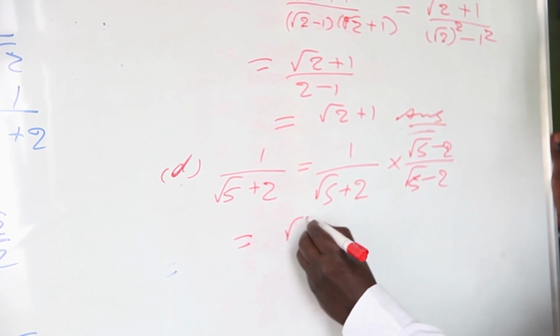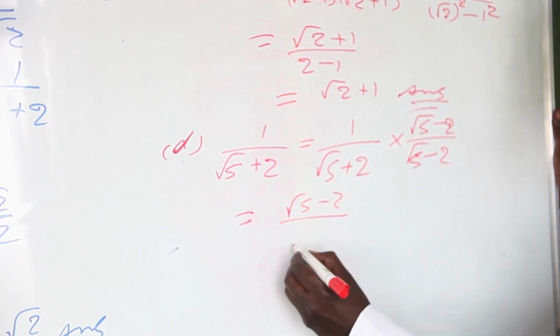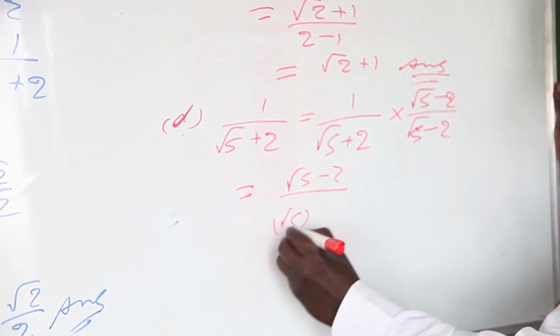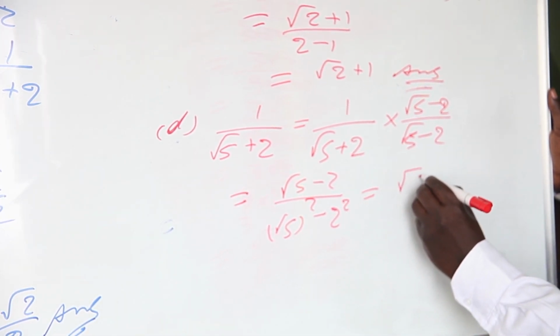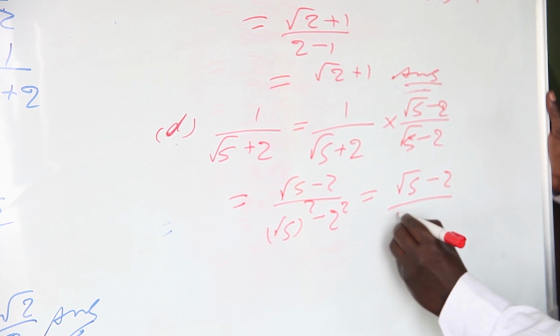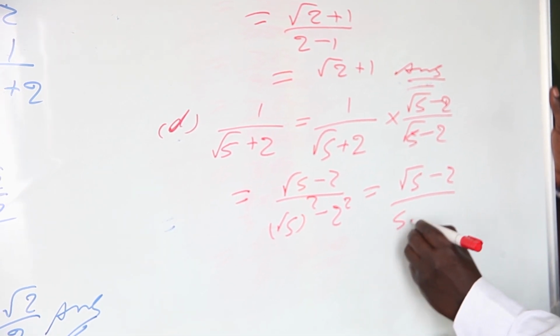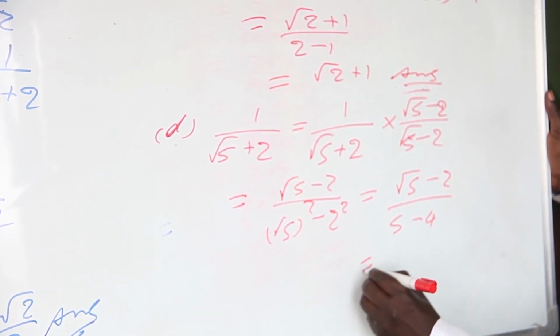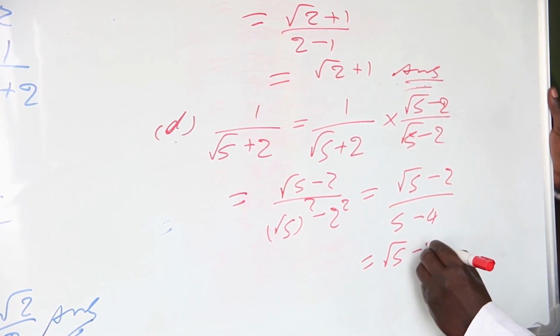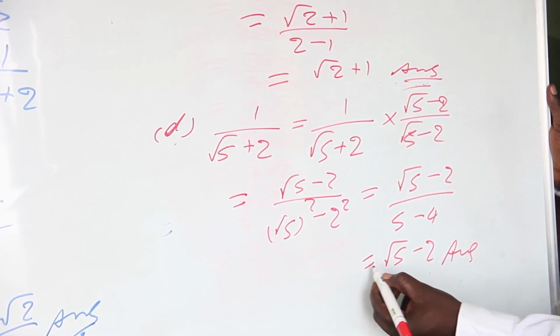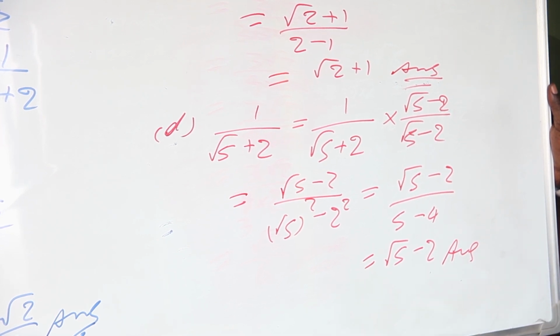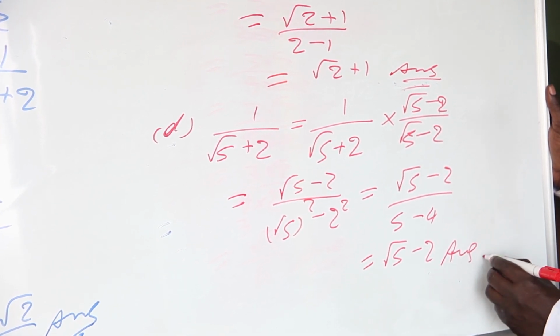And this will be root 5 minus 2 over root 5 squared minus 2 squared, which is root 5 minus 2 over 5 minus 4. And what we get is root 5 minus 2. That is the answer. So the denominator is now 1. It is no longer irrational.